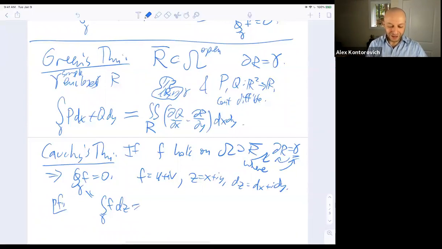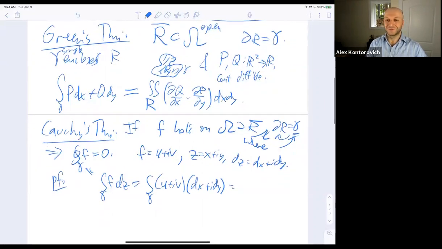And so if I stick that in, I get an integral over gamma. F is u plus iv. Dz is dx plus i dy. Let's multiply this out. So what are the real parts? I get a u dx, and I get a minus v dy.